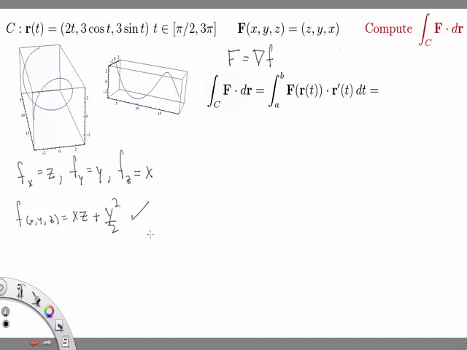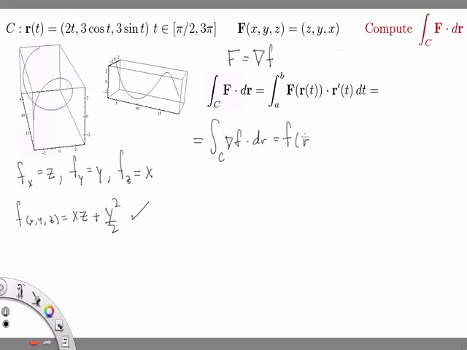And therefore, we verified that the vector field F is equal to the gradient of a scalar function and is therefore conservative. Okay, so in the case of a conservative vector field, I can replace F with the gradient of a function, and then the fundamental theorem of calculus says that this will be equal to f evaluated at the endpoints.